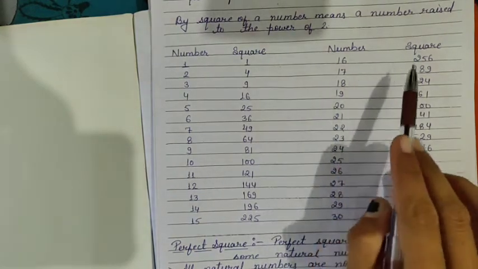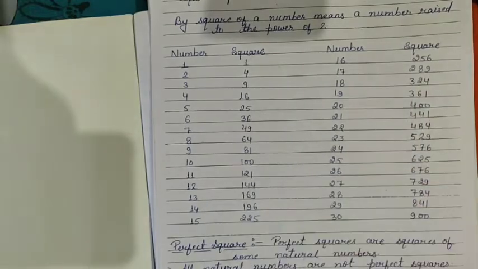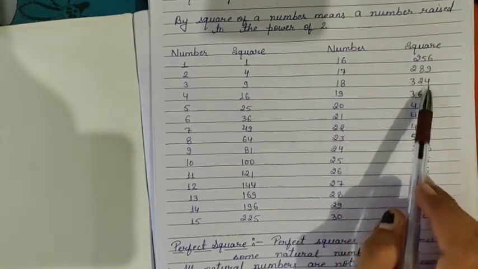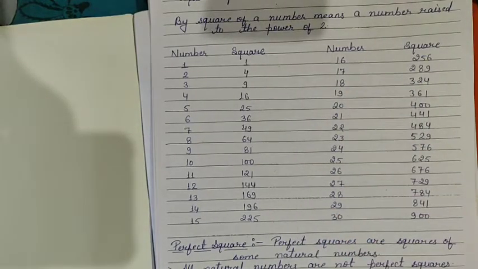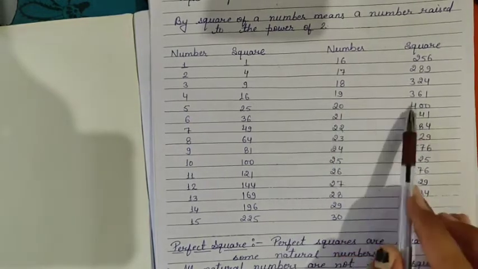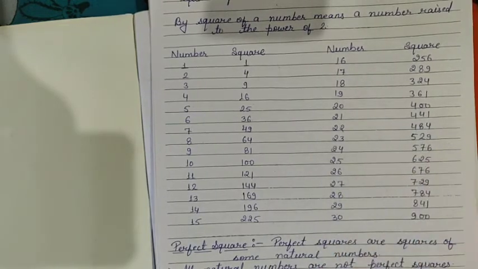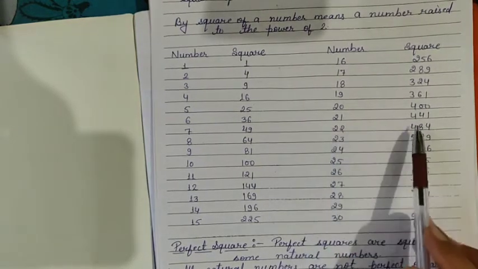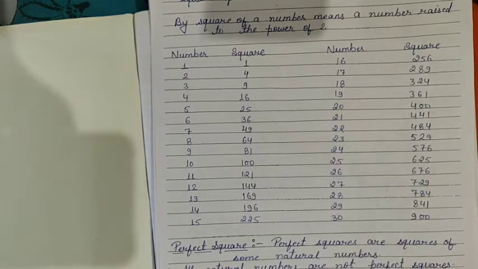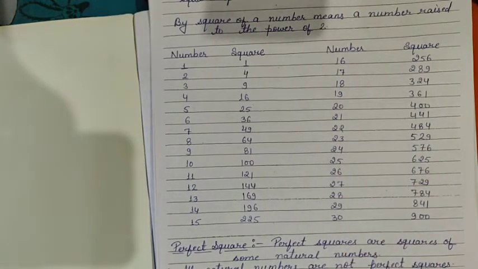Square of 16 is 256. Square of 17 is 289. Square of 18 is 324. Square of 19 is 361. Square of 20 is 400. Square of 21 is 441. Square of 22 is 484. Square of 23 is 529.